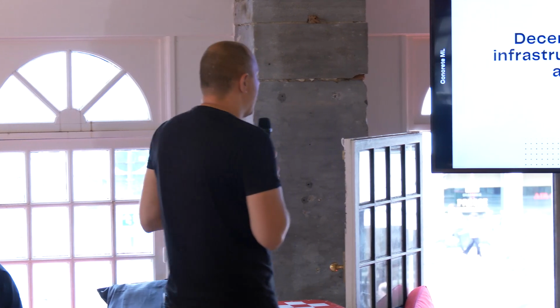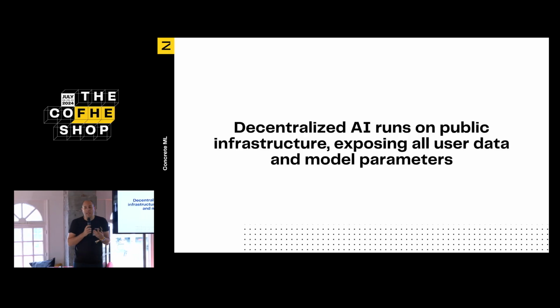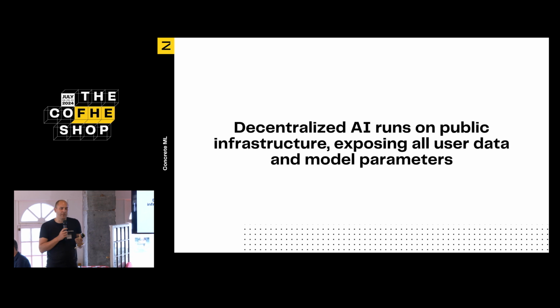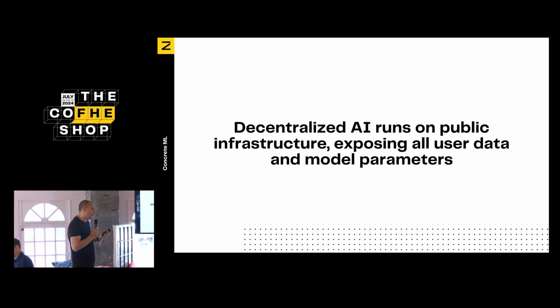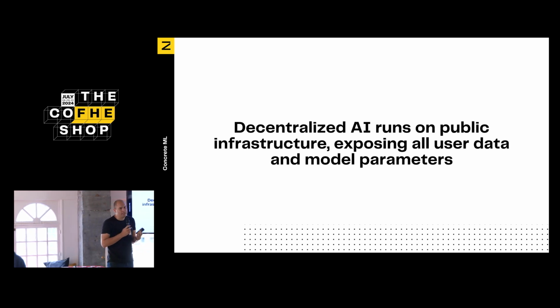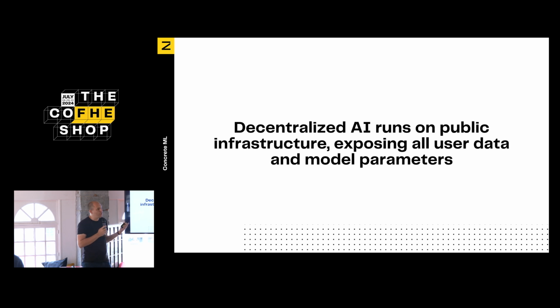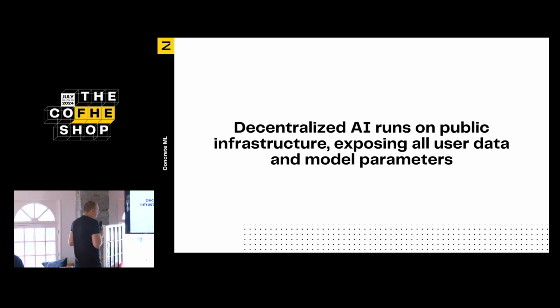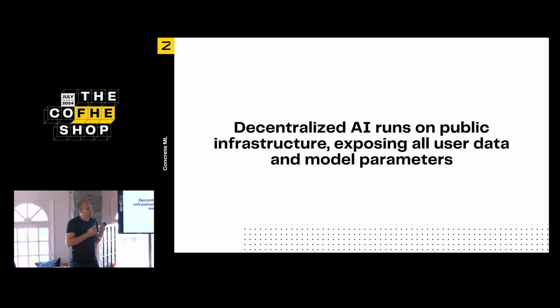So decentralized AI is a platform to execute AI workloads such as inference or training on public infrastructure. It uses the blockchain to process, to distribute, and to store data that is used to train or to predict for machine learning models. It uses a decentralized network of nodes for both the compute and the storage.